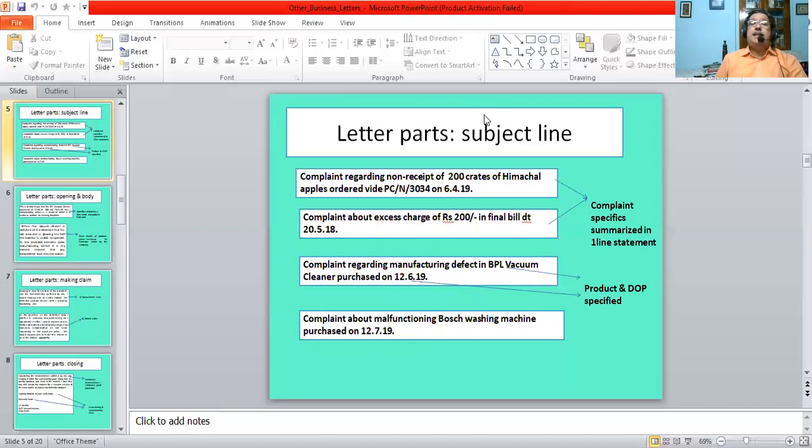And we give the other relevant details, like the order number in the first case. The bill number should also be given in the second case. And the date of purchase is given for all the other malfunctioning goods. So the subject line is very specific and precise and talks about the product malfunction or unsatisfactory service or some other kind of grievance, together with the specific details and the date of purchase.